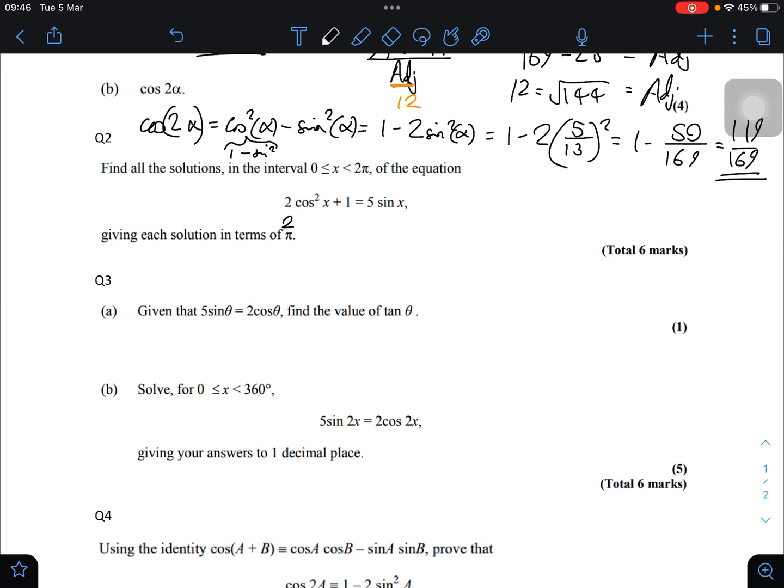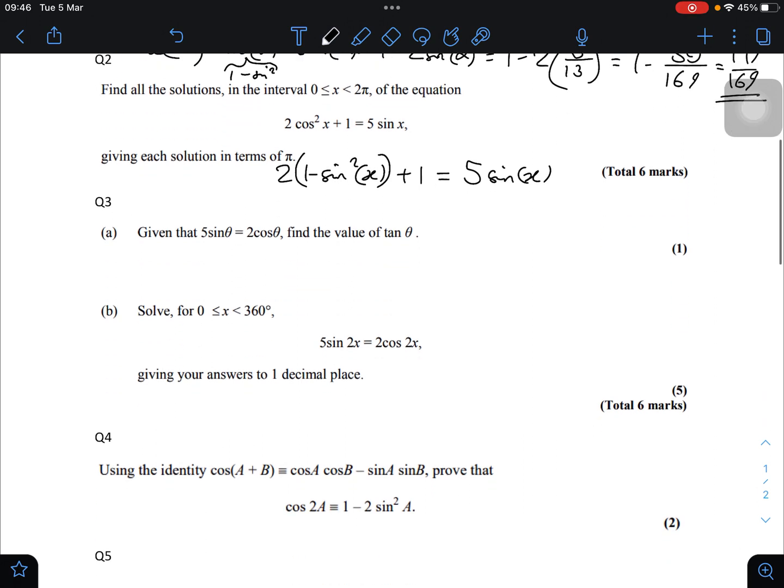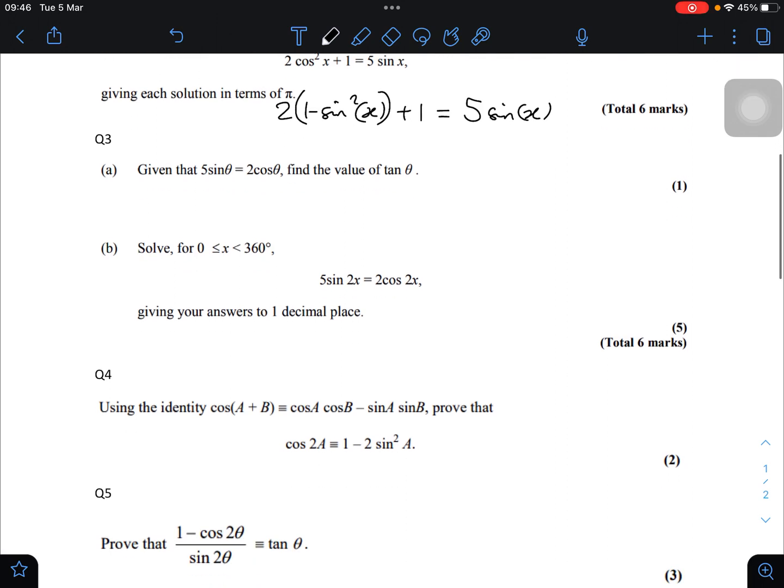And that's our classic, if we've got 1 minus sine squared of x plus 1 equals 5 sine of x. And then we want to aim to create it into a quadratic. We've got a squared term, we've got a non-squared term, and so therefore we can create a quadratic out of this. And so let's do that quickly.